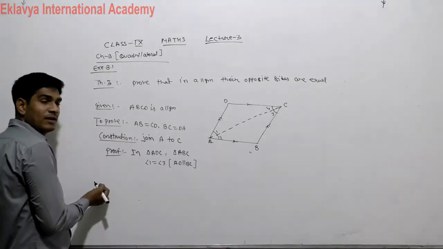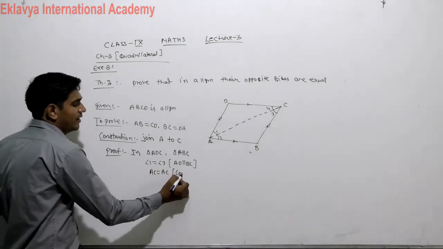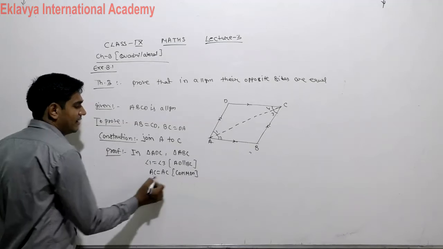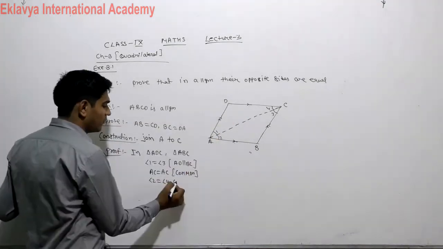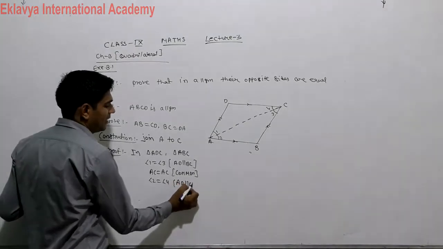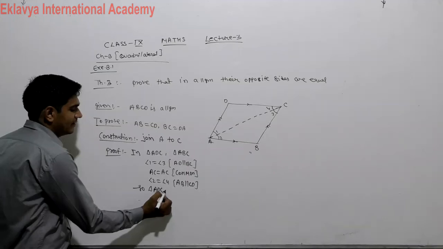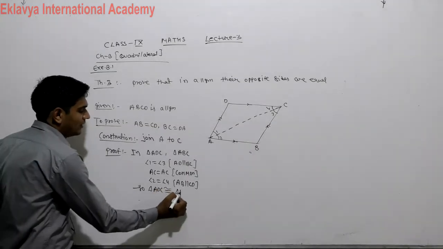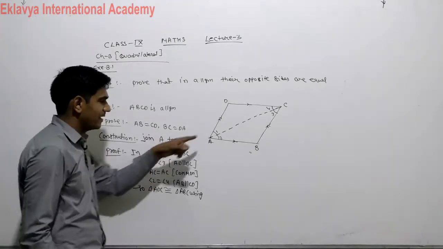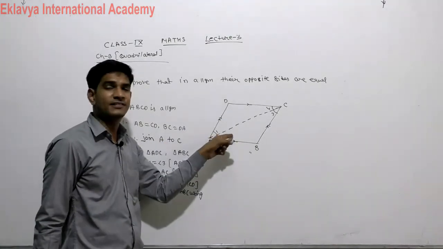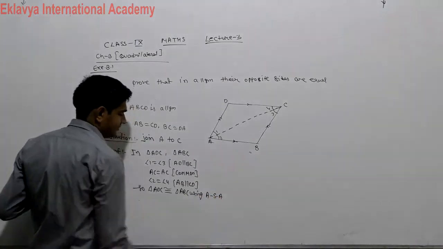Second, AC is equal to AC, it is common. Third, angle 2 is equal to angle 4, reason: AB is parallel to CD. So triangle ADC is congruent with triangle ABC using which rule? Angle, the adjoining side, then again angle: the ASA rule.